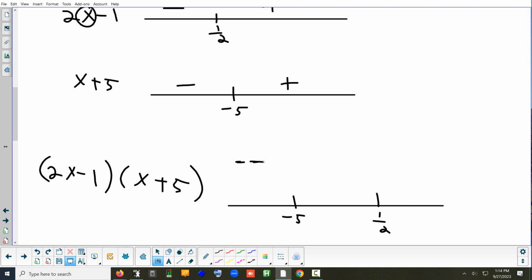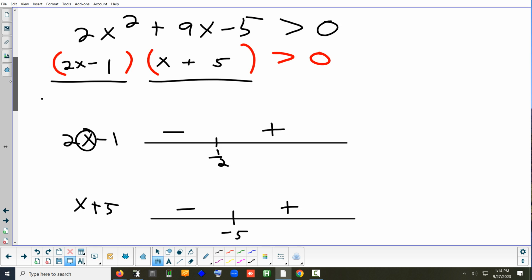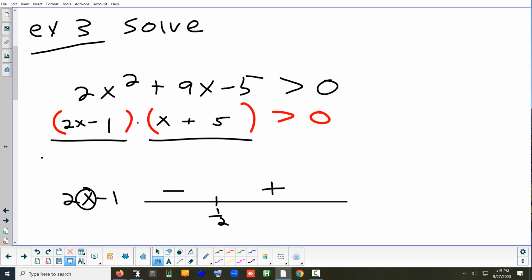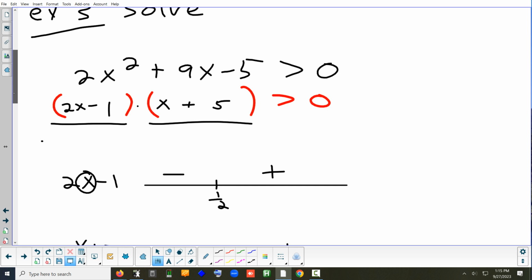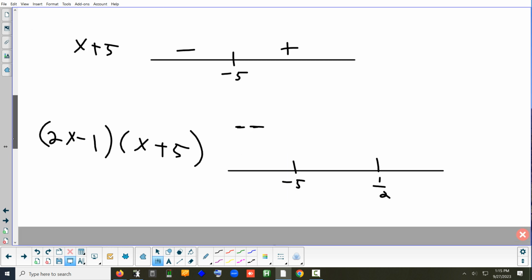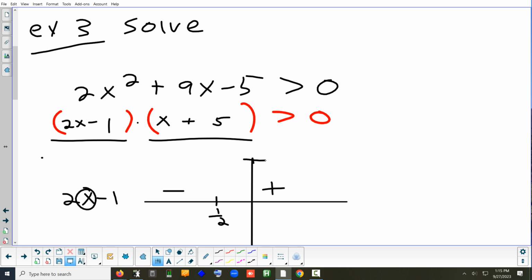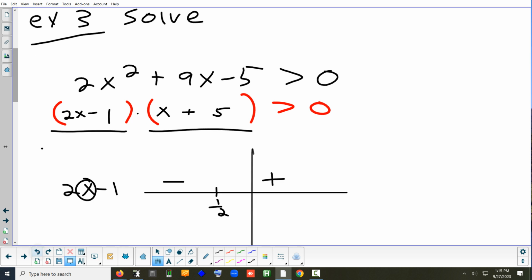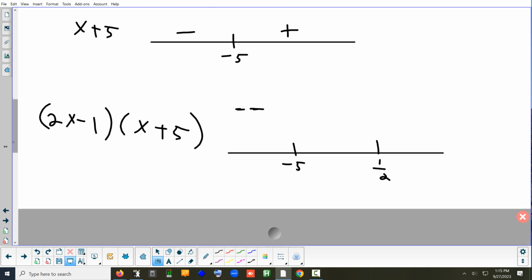And now what we're doing here is we're multiplying them together, because that's how this problem factors. It's something times something. In this case, a negative times a negative. So if you multiply together two numbers in that section, it'll be a negative times a negative, which is a positive. So if you pick any number -5 or lower, fill it in, you will get a positive result.